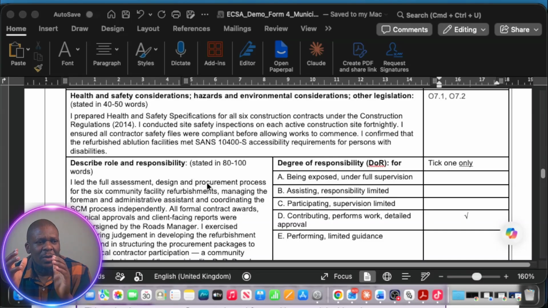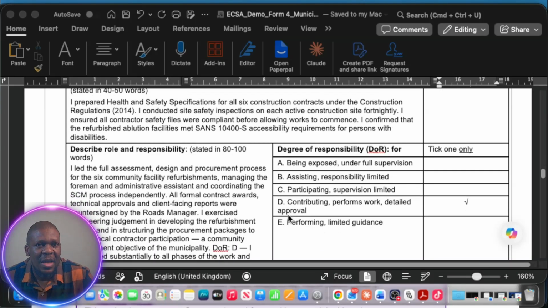So in terms of that, you need to be strategic in how you package that. That is sound judgment. If you don't apply sound judgment, you will not be able to package that.